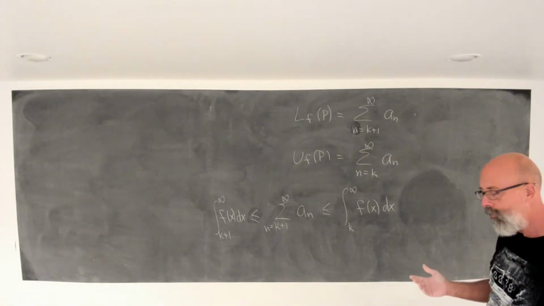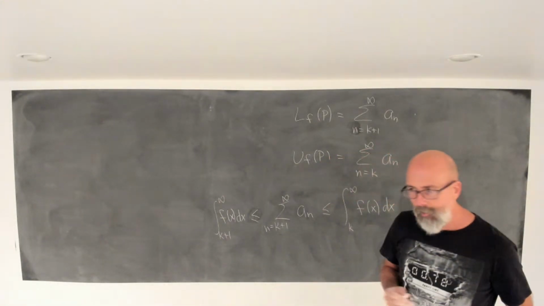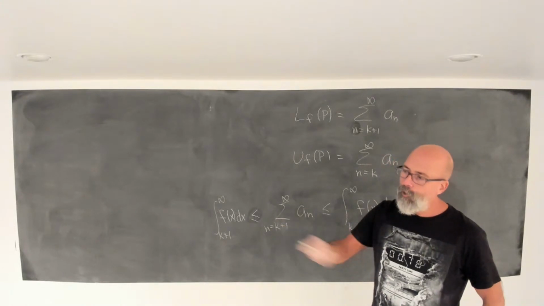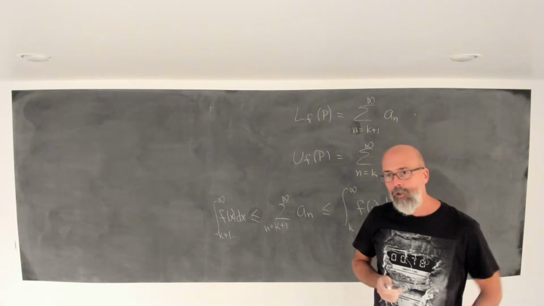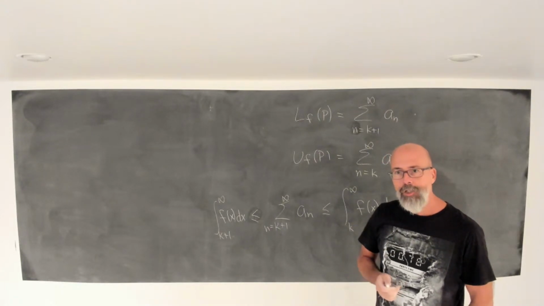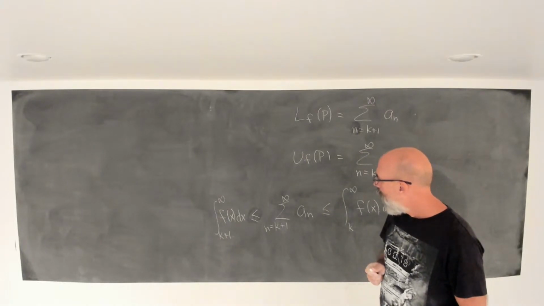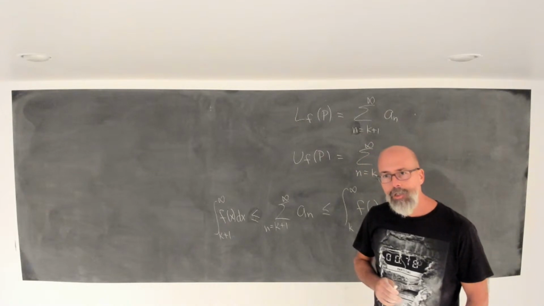So what can you do? Well, you can say, I'm going to approximate what the series converges to. I'm going to add the first few terms of the series and get an approximation. The question arises naturally, how good of an approximation is that?